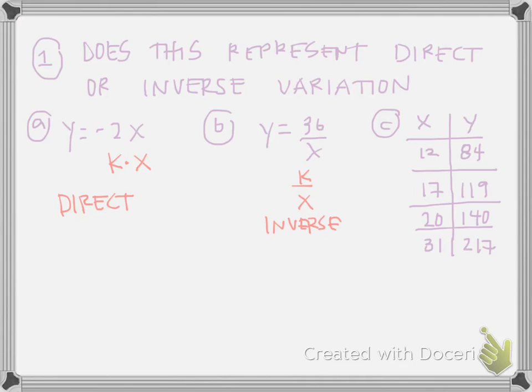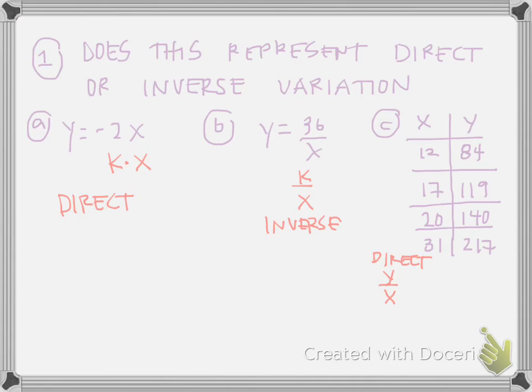Okay, c part, we've got our ordered pairs, so we would need to figure out what is constant. So I could check by saying y over x, remember, direct. So 84 divided by 12 is going to give me a 7. 119 divided by 17 is going to give me a 7. 140 divided by 20 is also going to give me a 7.